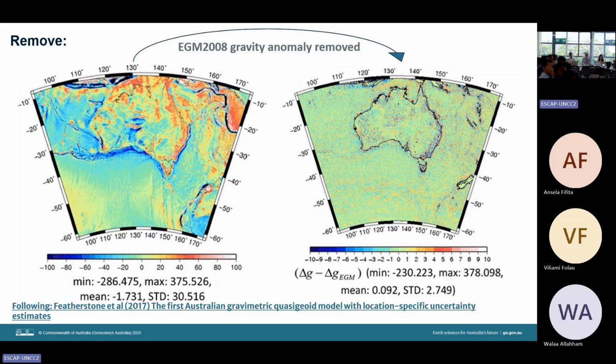So we take EGM 2008, compute a gravity anomaly, and subtract it from our gridded gravity anomaly data. It provides that long wavelength support to the modeling process, and in doing so, it strips out any long wavelengths temporarily. So we've gone from about 30 milligals standard deviation down to about 3. So it's really reduced the size of the signal.